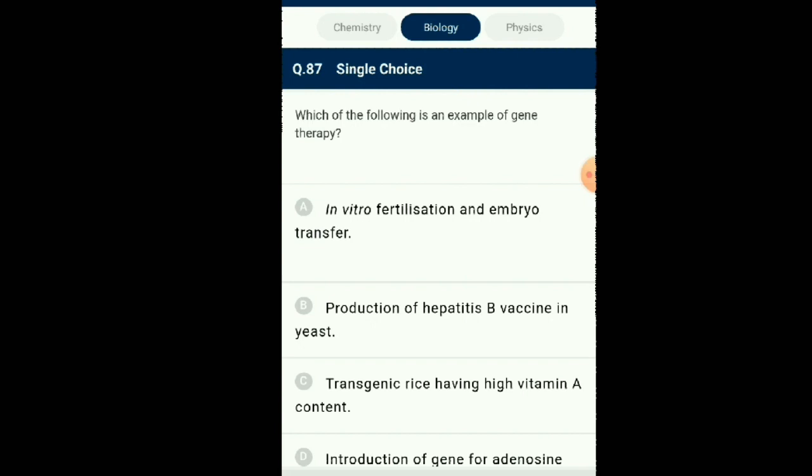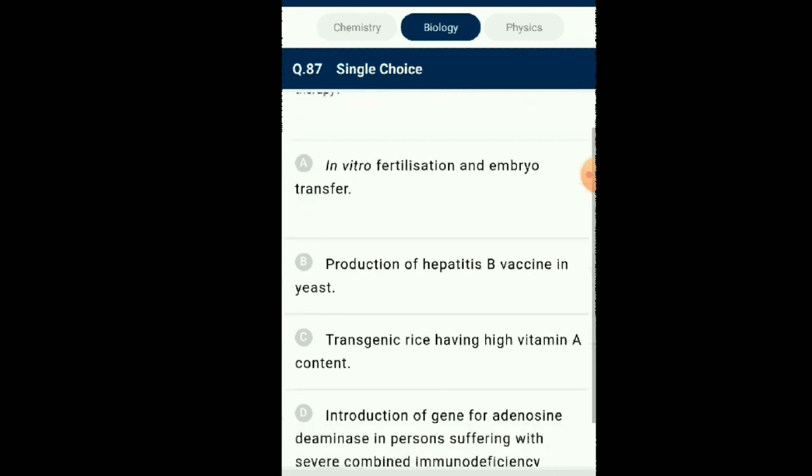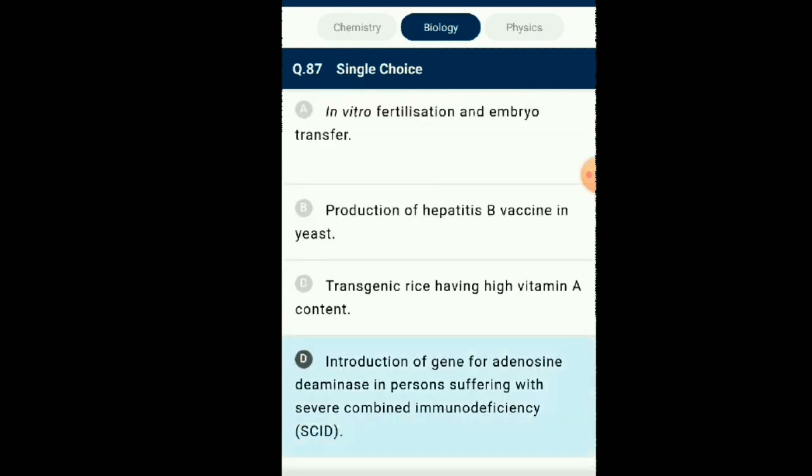Functional ADA cDNA is then injected into the patient's bone marrow. The process is repeated as the cells are short-lived. So the answer is option D, introduction of gene for adenosine deaminase in persons suffering with severe combined immunodeficiency disease.